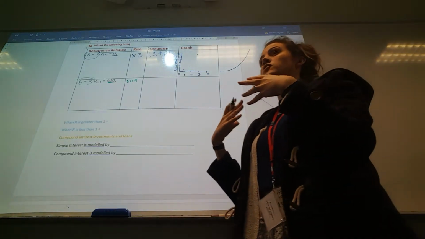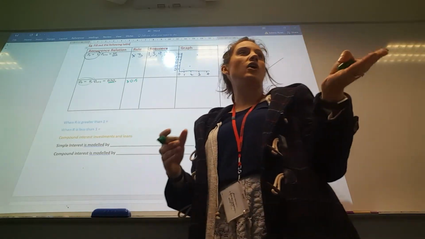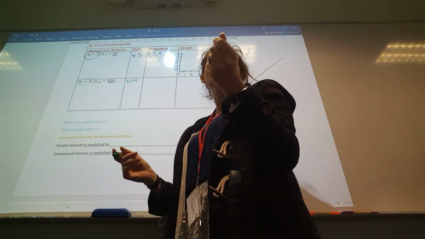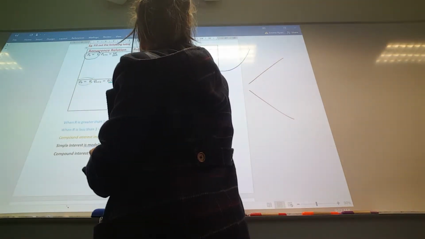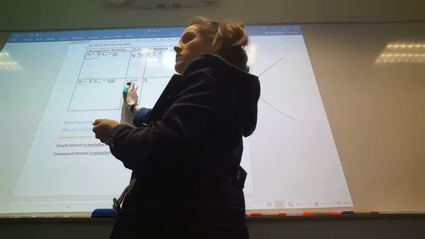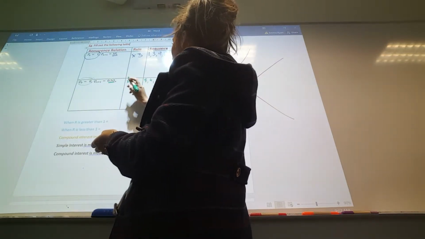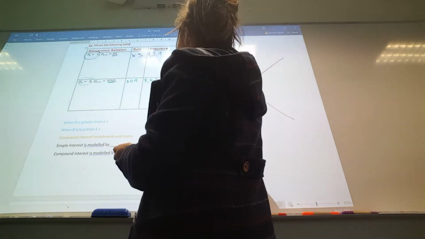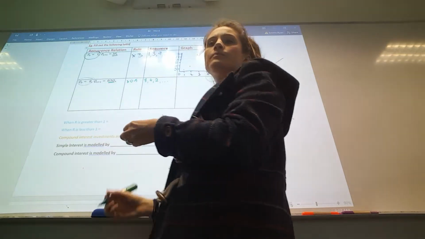We'll see that our numbers will start to decrease because we multiply by a decimal rather than divide by a whole number. Does that make sense? Yep, cool. So we'd be starting at 8, and then we've got 8 times 0.5, 4 times 0.5, 2 times 0.5, and we're just continuing that on.